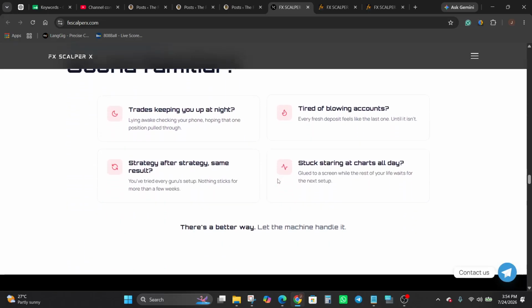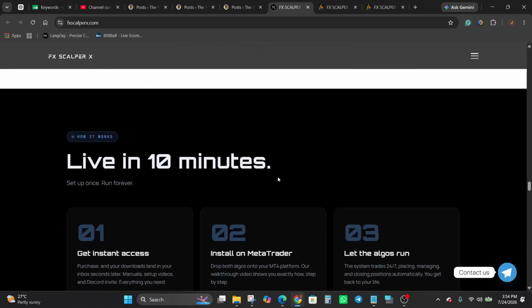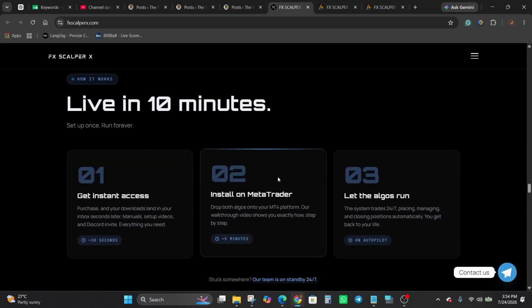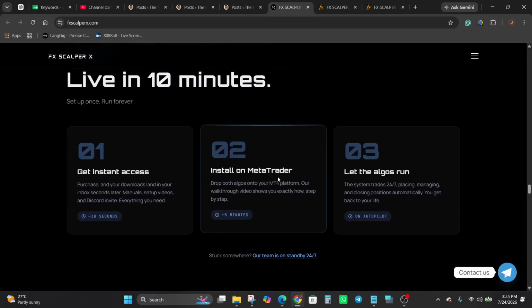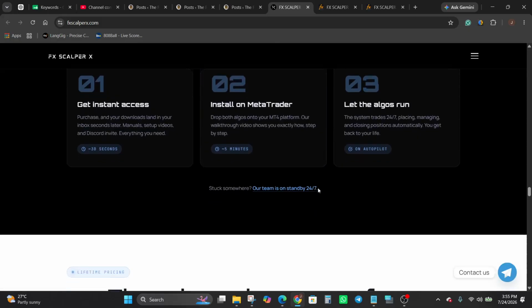On platform compatibility, this one is confirmed directly on the site. It is listed as compatible with any MT4 broker and any MT5 broker. For setup, they describe a 3-step process: get instant access after purchase, install both algos onto MetaTrader using their walkthrough video, and then let the algorithms run continuously from there.